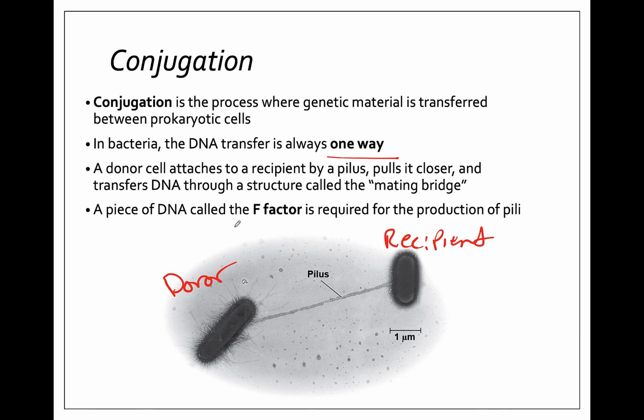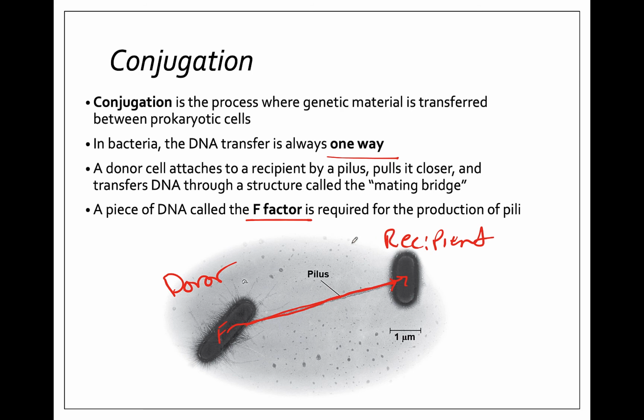The donor cell has a piece of DNA inside of its body called the F factor. And this might be in a plasmid or it might be in its chromosome. And so at some point in here, it's got the F factor. So this donor cell is going to make a mating bridge across to the recipient cell and then transfer this F factor to that recipient.